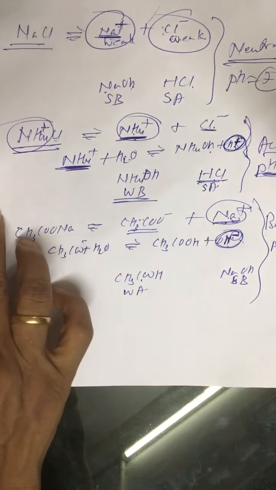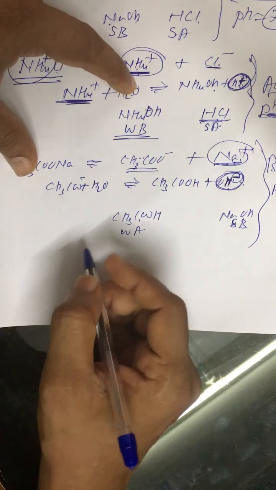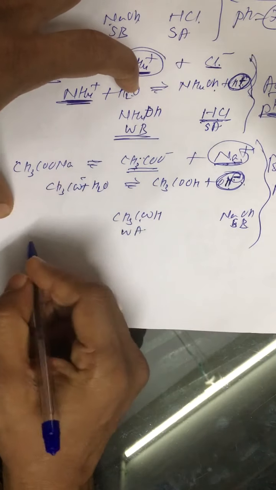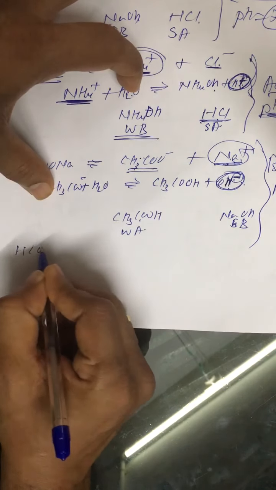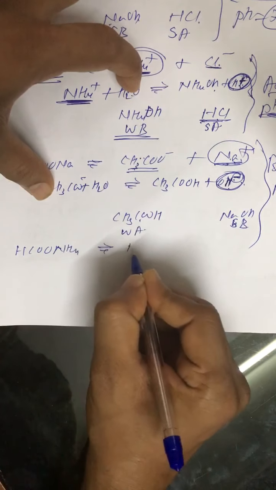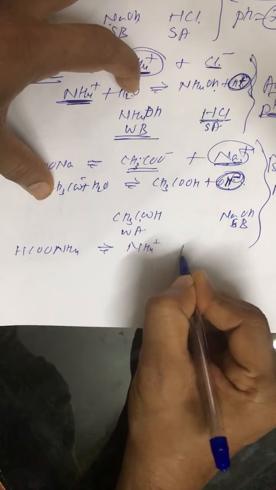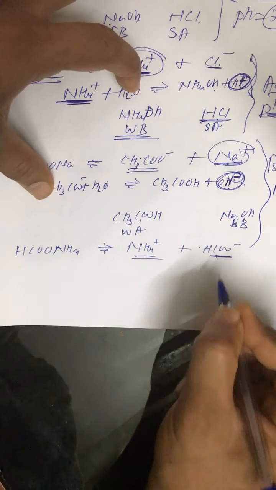And then come the weak acid, weak base salts. Like, say, ammonium formate ionized to produce ammonium positive and formate negative. Now both are strong. Why both are strong?